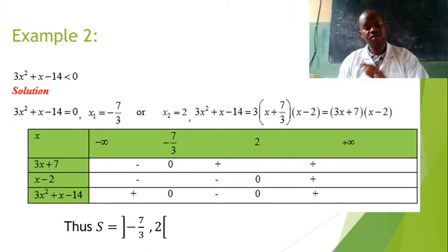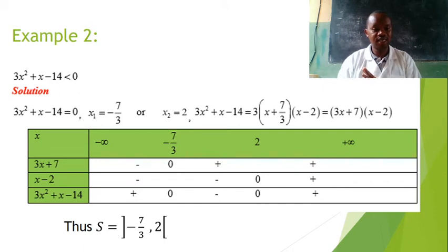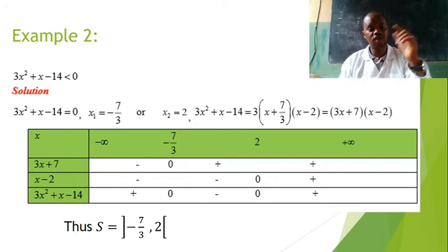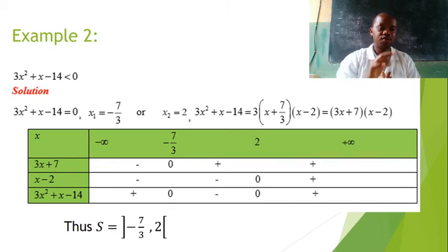And for the signs for the 3x squared plus x minus 14, which is the product of the two first factors, we will multiply the signs. Minus for 3x plus 7 times minus for x minus 2, we will have positive.